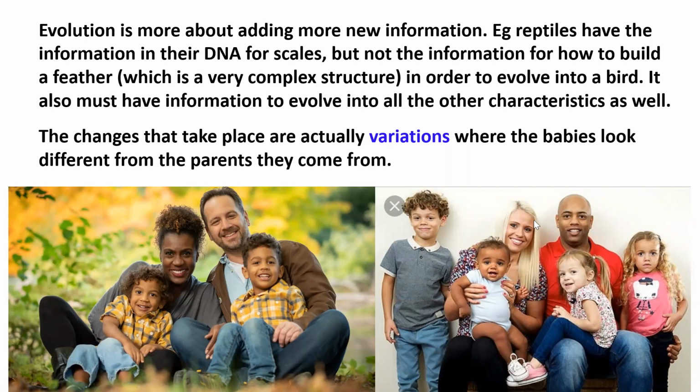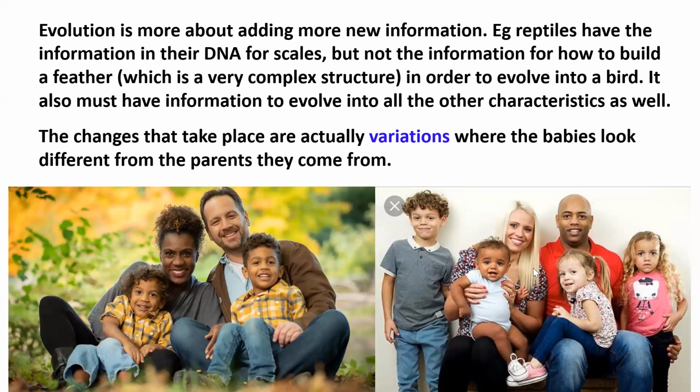Same for this other family on the right-hand side. You have a white woman, and the man, I don't think he's black. He's probably a minority race of some other kind. But you can look at the children. There's a girl right on the man's lap who also has white skin, like the mother.